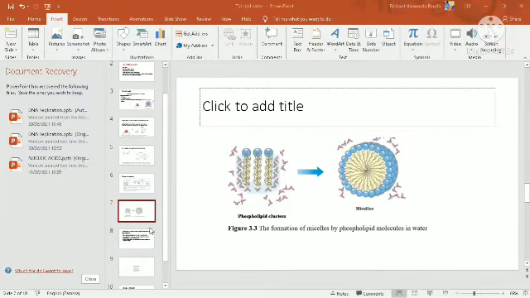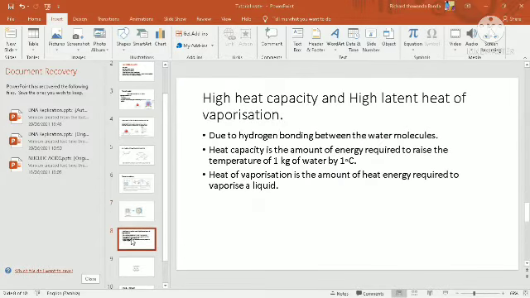Let's now look at the other properties of water, which are it having a high heat capacity and it having a high latent heat of vaporization. These properties come about as a result of the hydrogen bonding, as earlier mentioned.